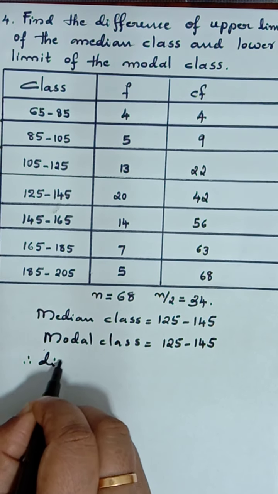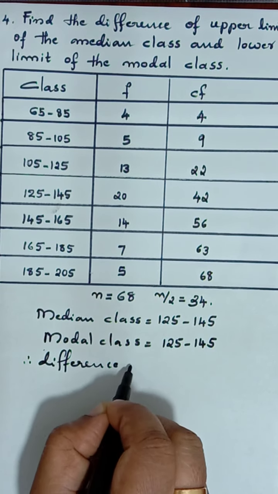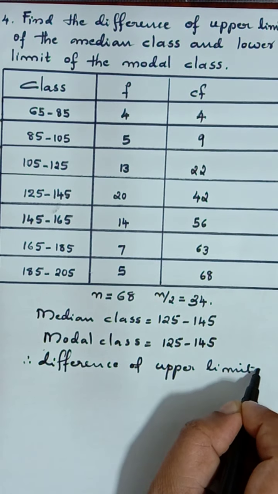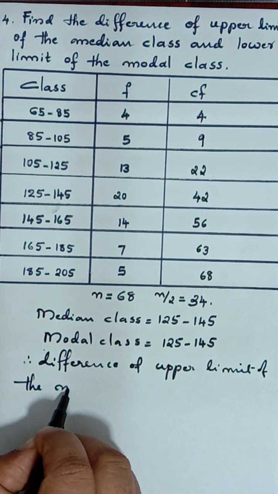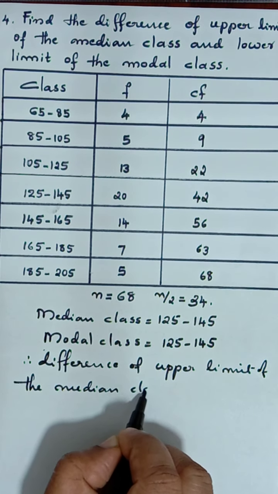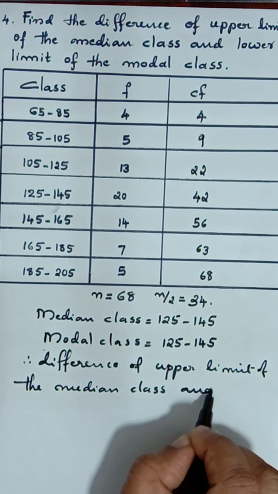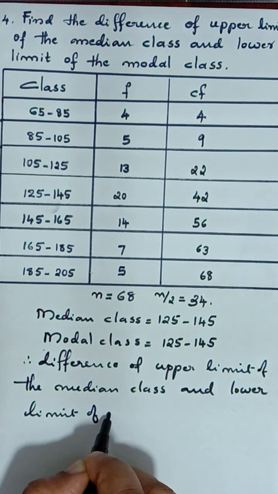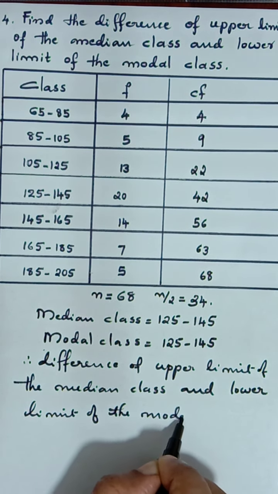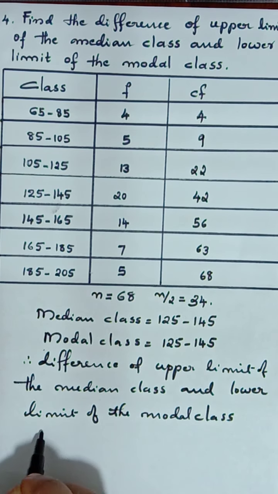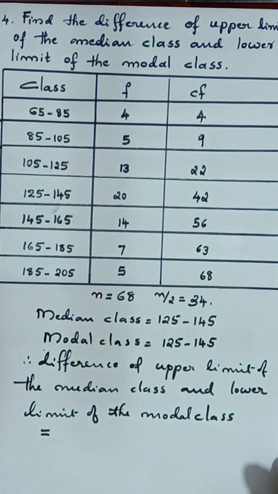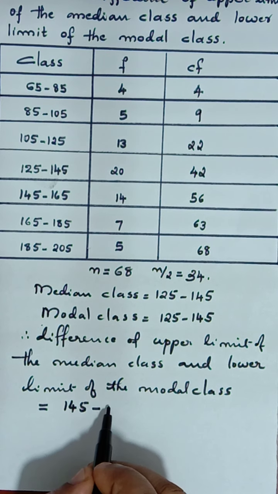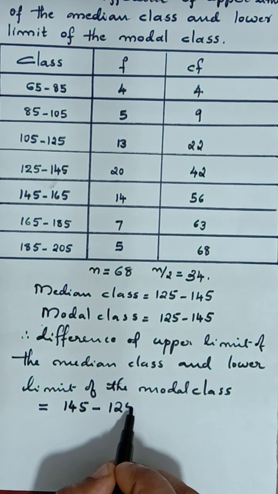Therefore, the difference of the upper limit of the median class and the lower limit of the model class is equal to the upper limit of the median class, 145, minus the lower limit of the model class, 125.